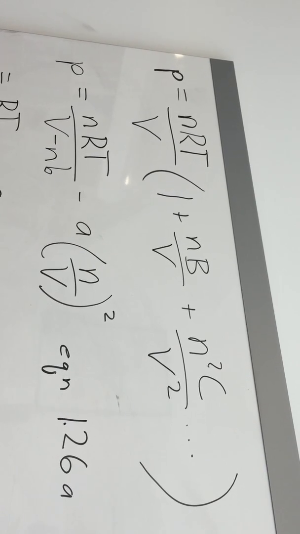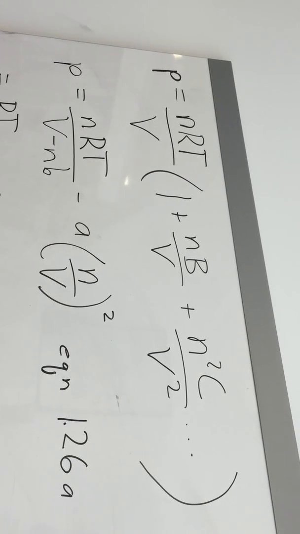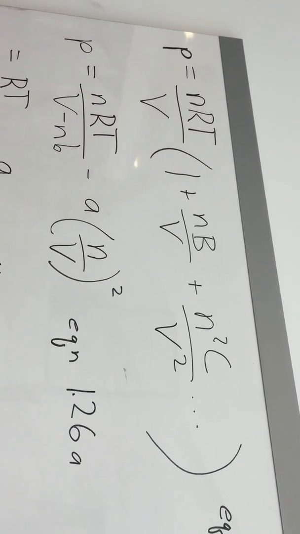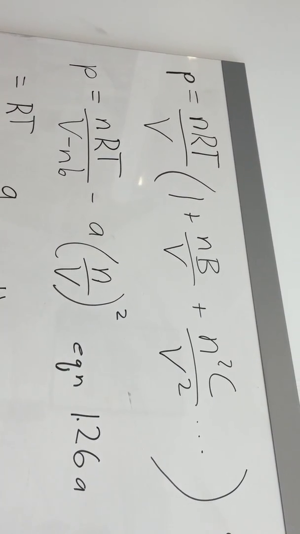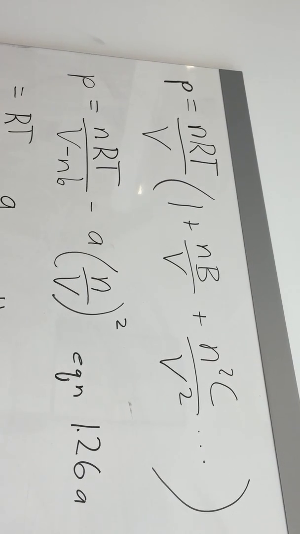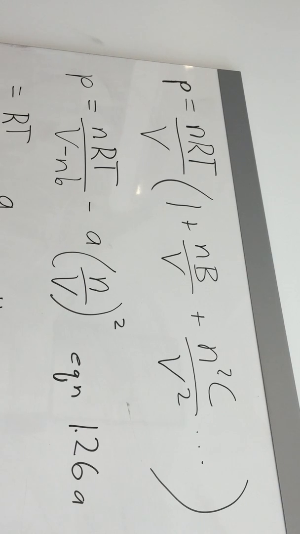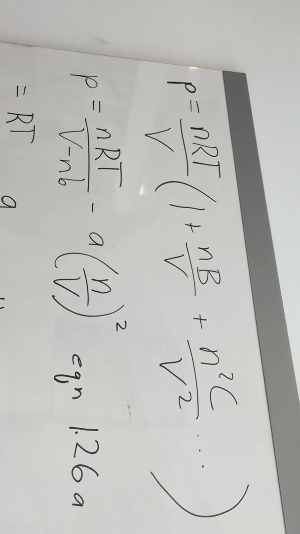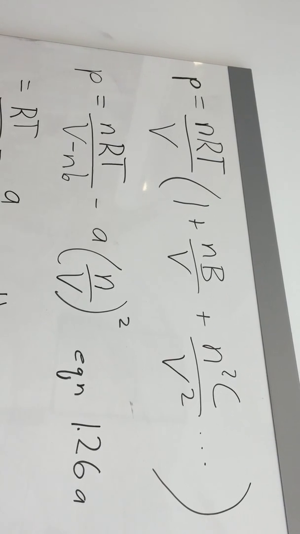Our top one there is our virial equation of state, equation 1.25 in your book. Our second one there is our van der Waals equation of state with pressure isolated on the left-hand side of the equation, so that we could choose to set these two equal to each other if we wanted to.